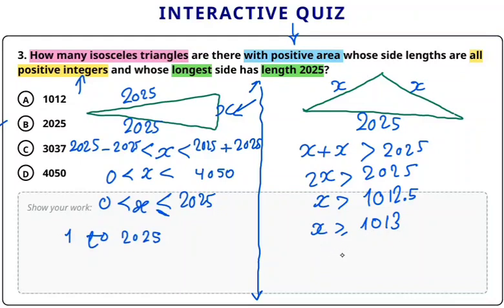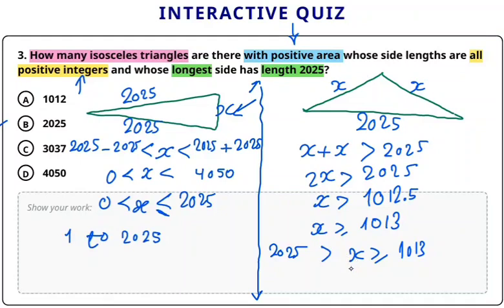Right now I have a limit for x. x is greater than or equal to 1013 and less than a specific number, 2025, if you remember this in the condition. Now, how many possible values for x?